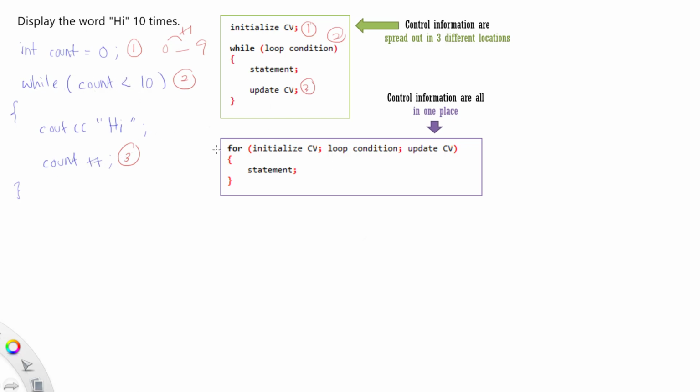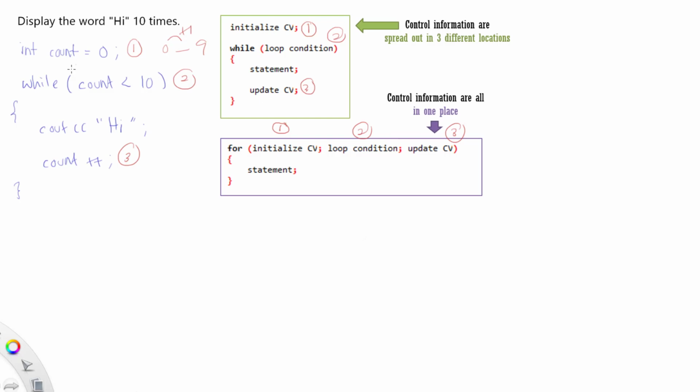But with a for loop, all those three statements are placed in one place, on one line, separated by a semicolon. So you will have your initialize, then your condition, and lastly your update.